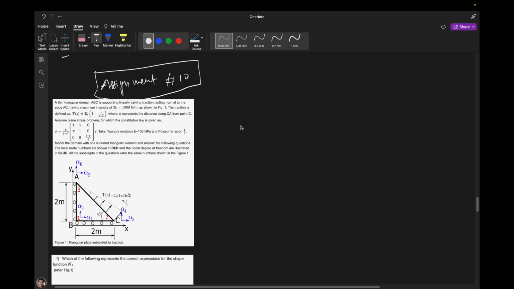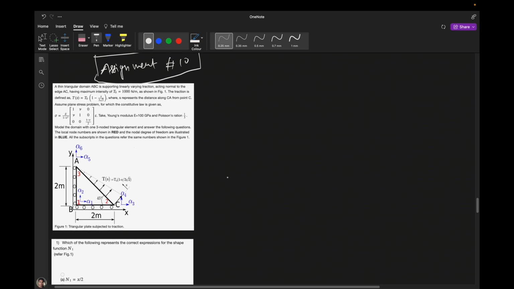So in this assignment, it is saying that we have a two-dimensional triangular domain, and there is a varying distributed load acting on side AC, and this is an isosceles triangle, and the constitutive law is also given.